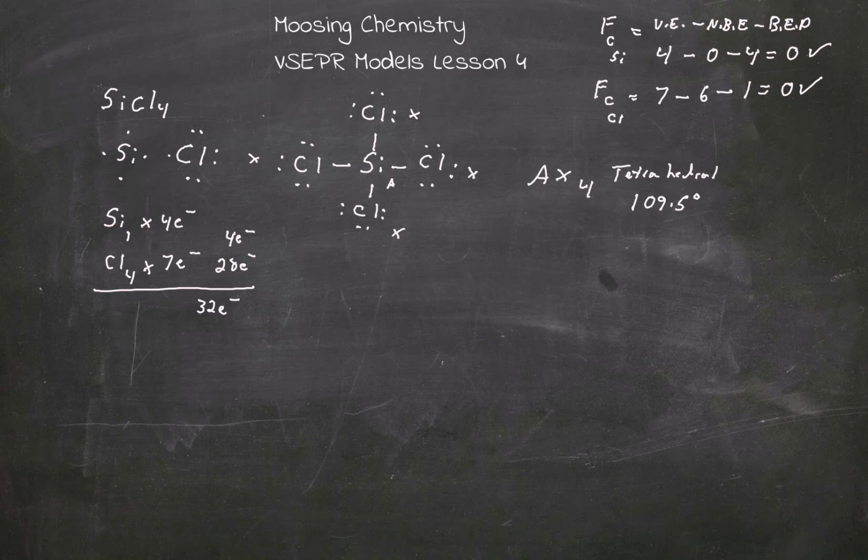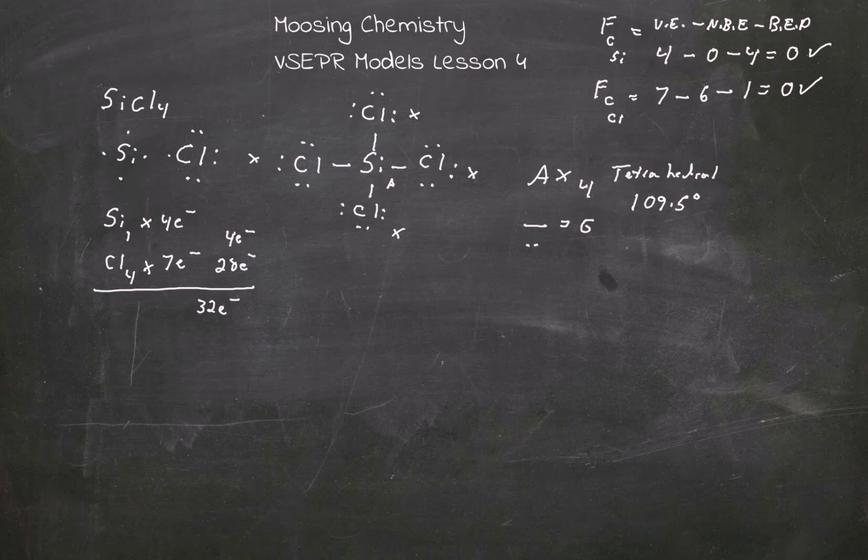Now, we can also look at the hybridized orbitals. Remember that every line is equal to a sigma bond, and unshared pair electrons also count. So let's count the number of hybridized orbitals. We have 1, 2, 3, 4 for the silicon.